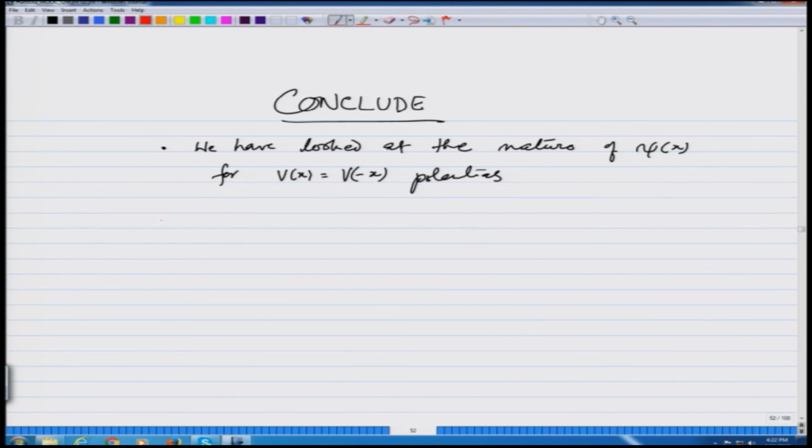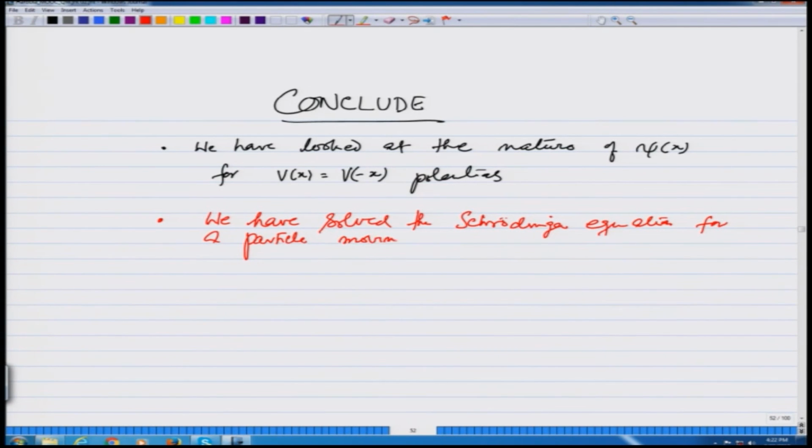Second, we have solved the Schrodinger equation for a particle moving in a delta function potential.